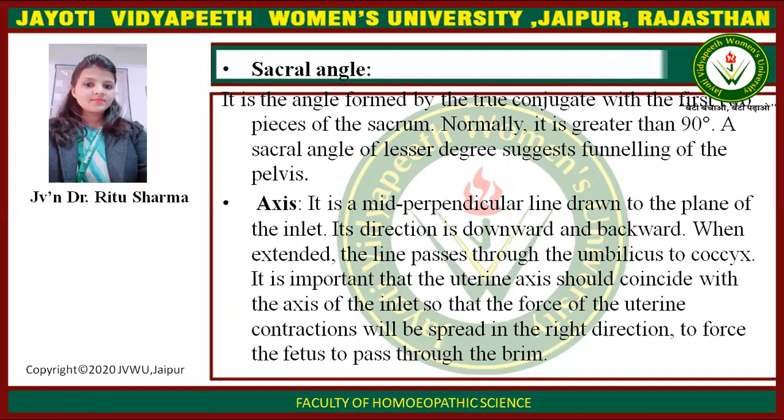When extended, the line passes through the umbilicus to the coccyx. It is important that the uterine axis should coincide with the axis of the inlet so that the force of the uterine contraction will be spread in the right direction to force the fetus to pass through the brim.